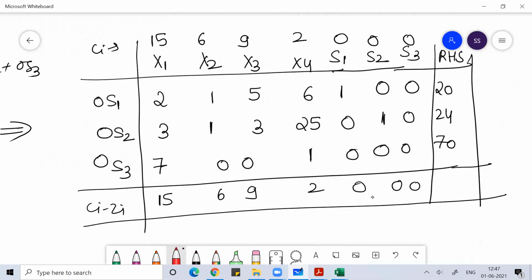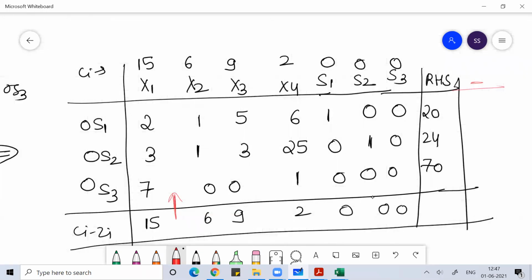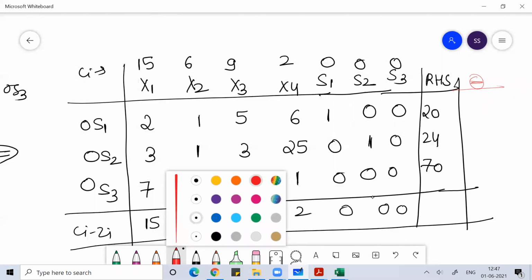The highest value is 15, so 15 will enter. To find whom it will replace, you need to find the theta.